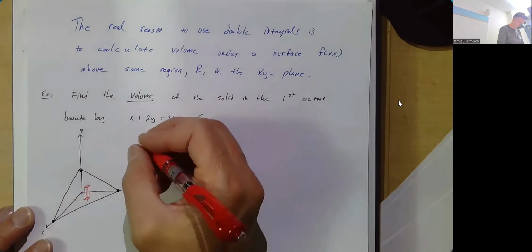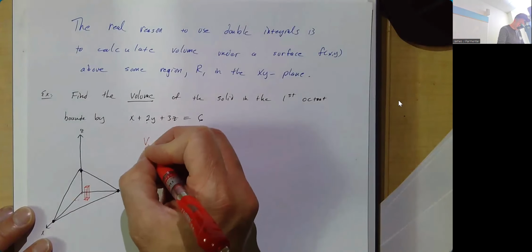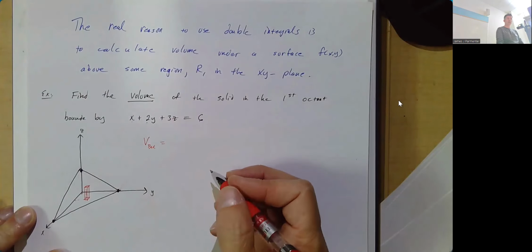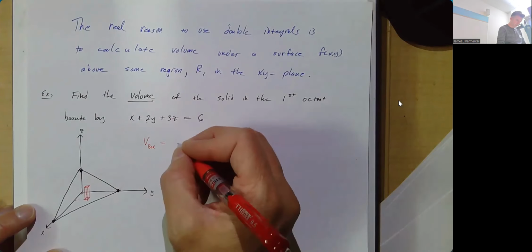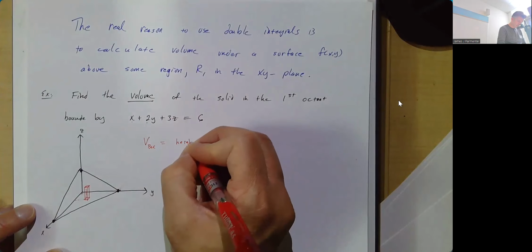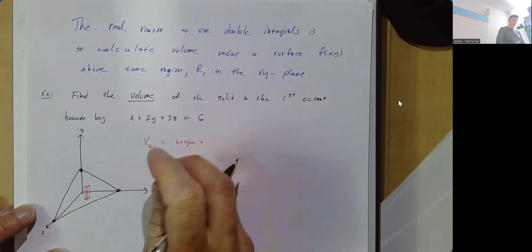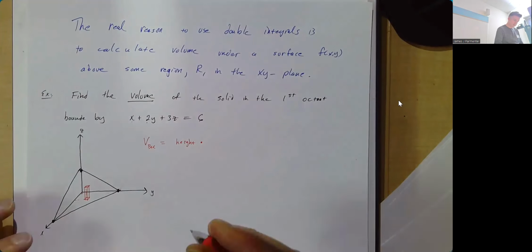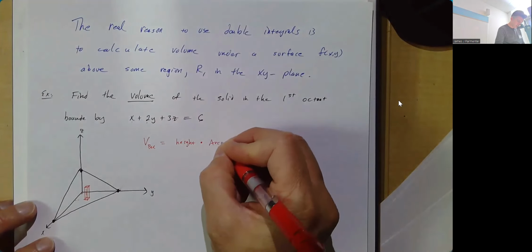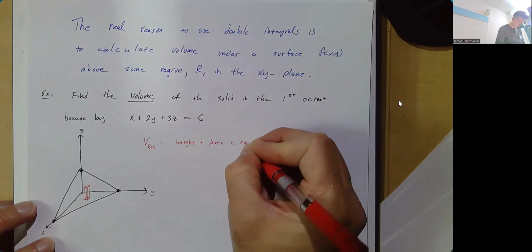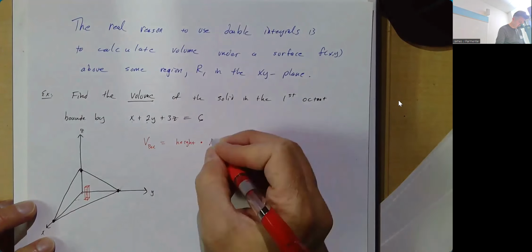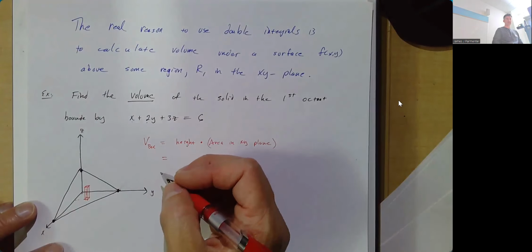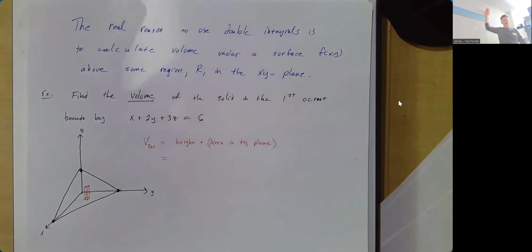So the volume of my box there is equal to the height of the box times the area of the square that's in the bottom there, the area that's in the xy plane. Check this out though. The height of that box is just whatever the z value is, because z is height, typically.